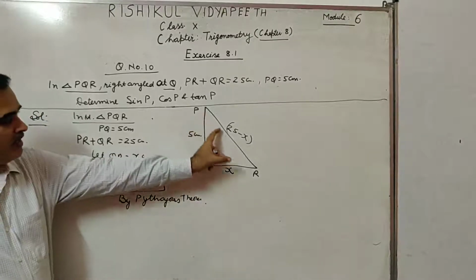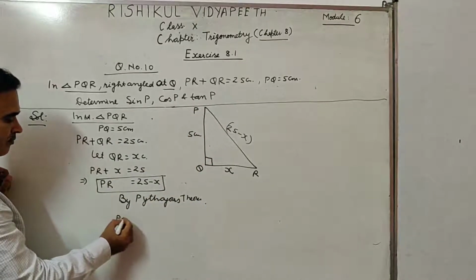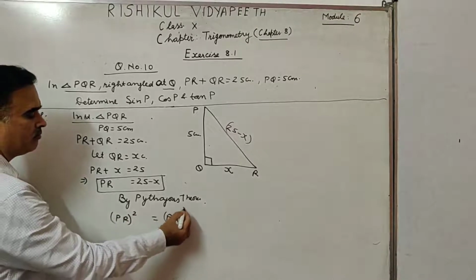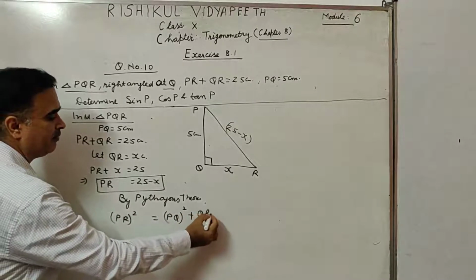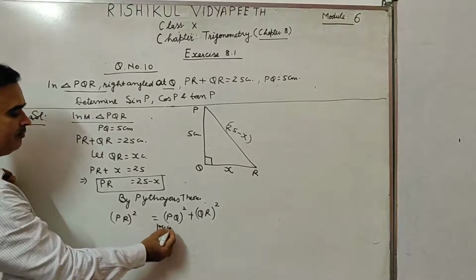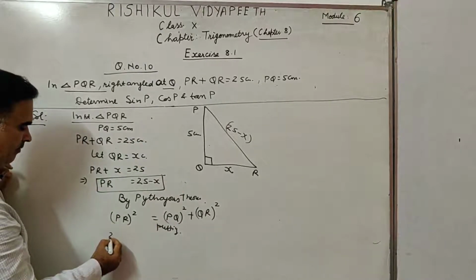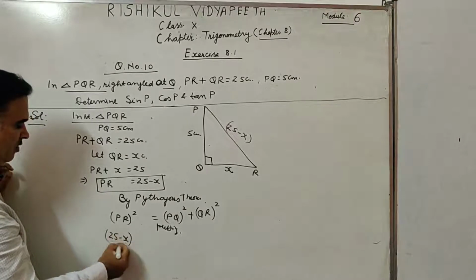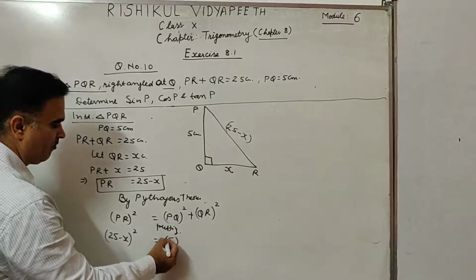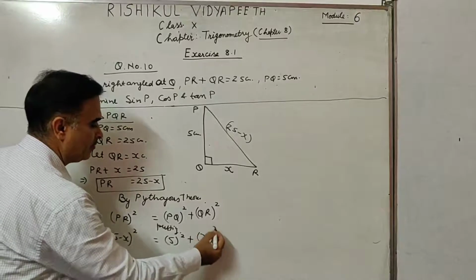You see, PR square equal to PQ square plus QR square. We can put in the values. What is PR? PR is 25 minus X whole square equal to PQ, which is 5, and QR is X.